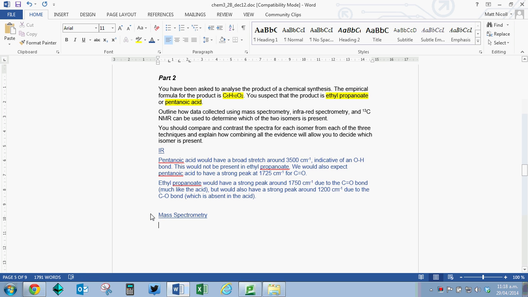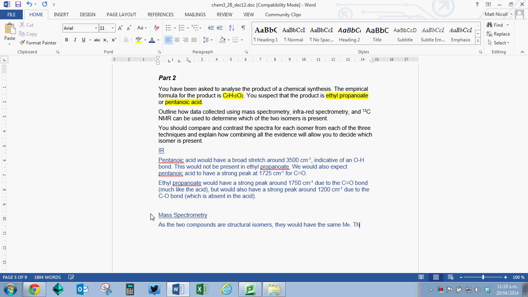Okay, with mass spec, as the two compounds are isomers, they would have the same molar mass.